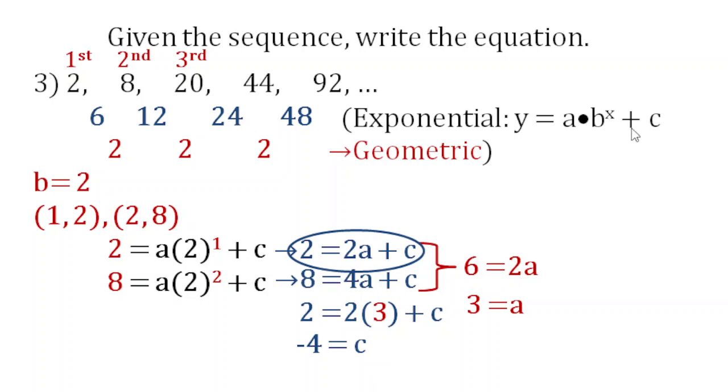Now we can write our exponential equation. y equals 3, our a, times 2, our b here, to the power of x, minus 4, since our c is negative 4. So that's why we have minus 4 here. And if we are going to change this x to n and y to a sub n, we have this general rule.